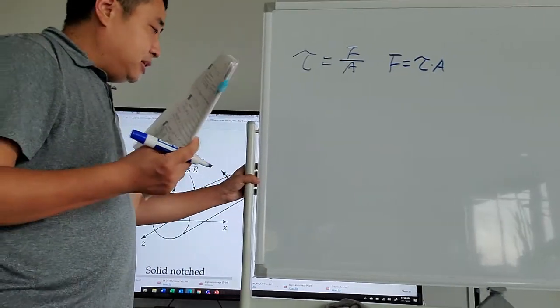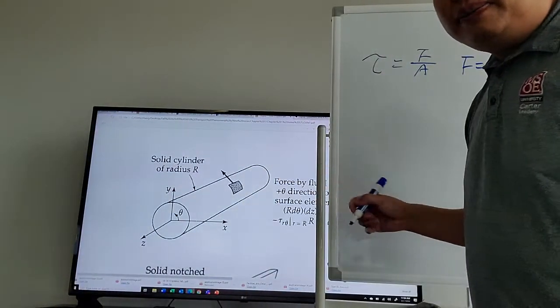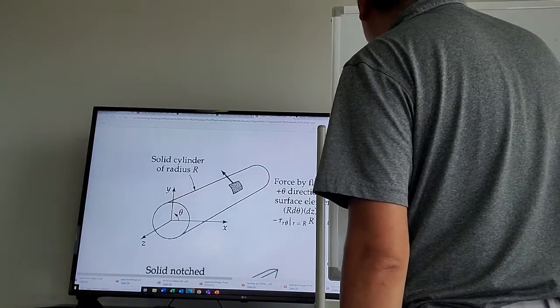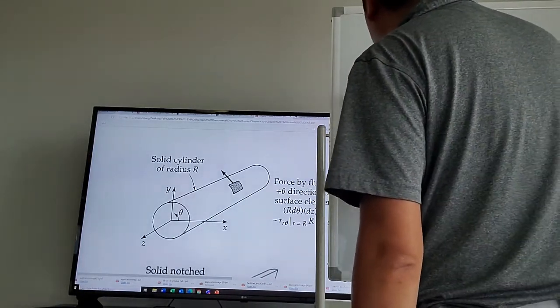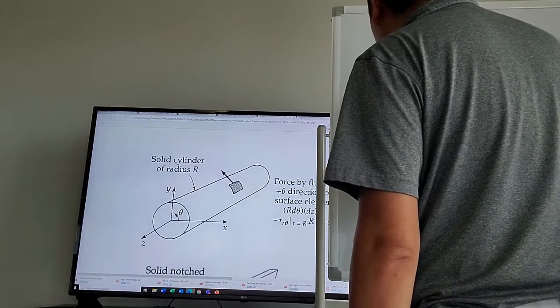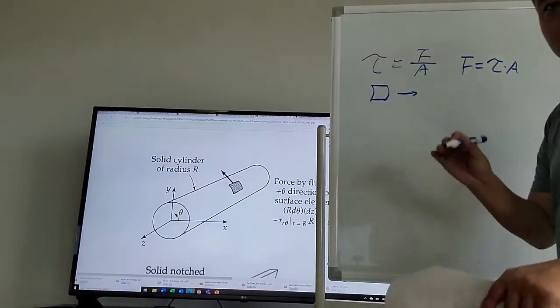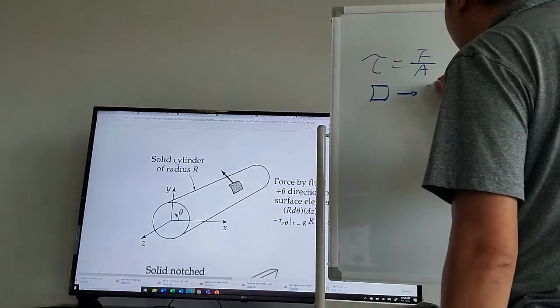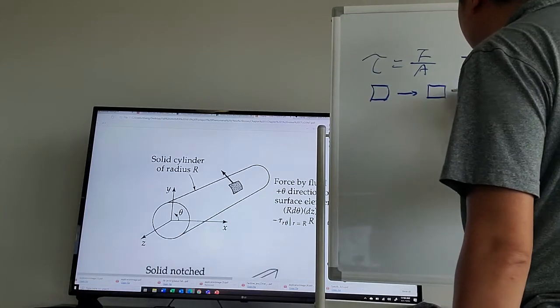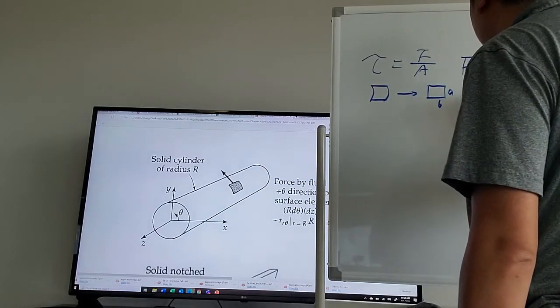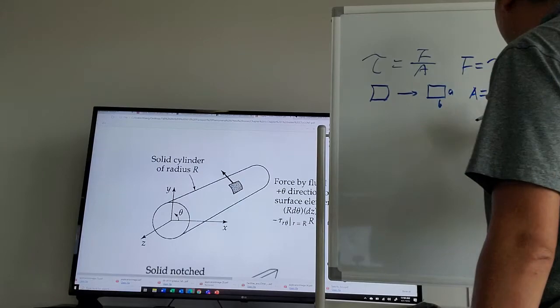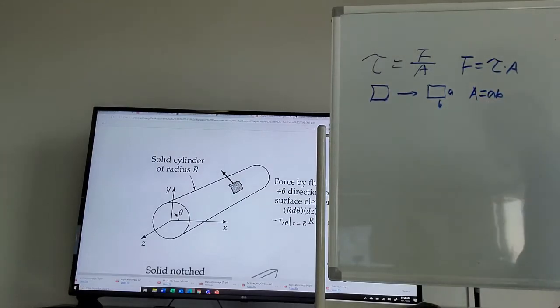So if you look at this area here, so we know this is the shape, right? Since it's small, tiny, we can consider it as a square. For the square, the area is A multiplied by B.